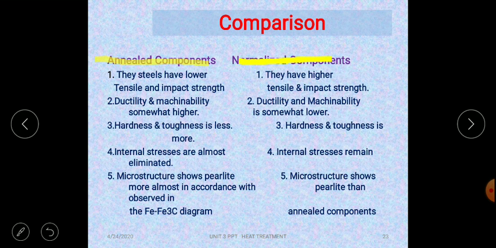So if we compare annealed components with the normalized components, the annealed steels will have lower tensile strength and impact strength compared to the normalized components. Ductility and machinability will be higher compared to the normalized products, whereas hardness and toughness will be less.